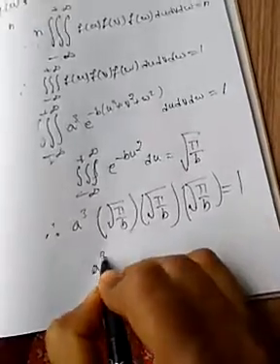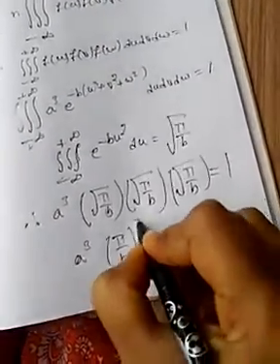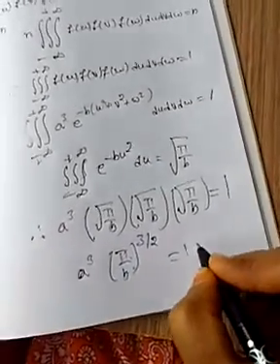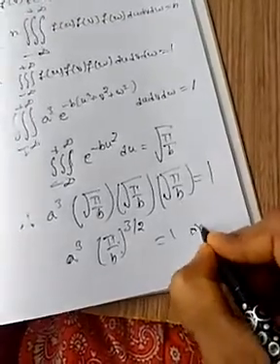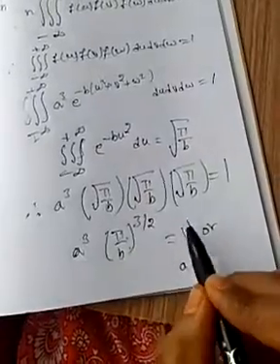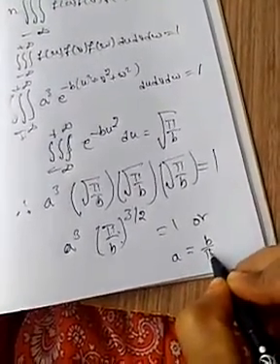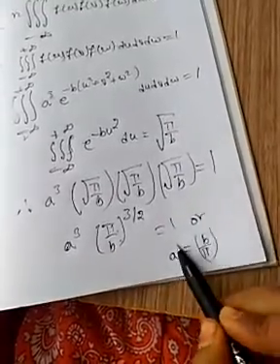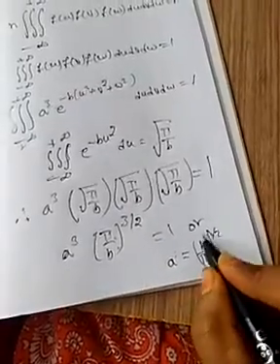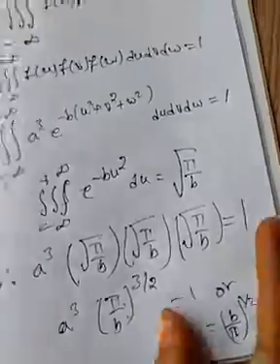So a cube into (pi by b) whole power 3 by 2 equals 1, or a cube equals (b by pi) whole power 3 by 2. On both sides the cube cancels, and a equals square root of b by pi.